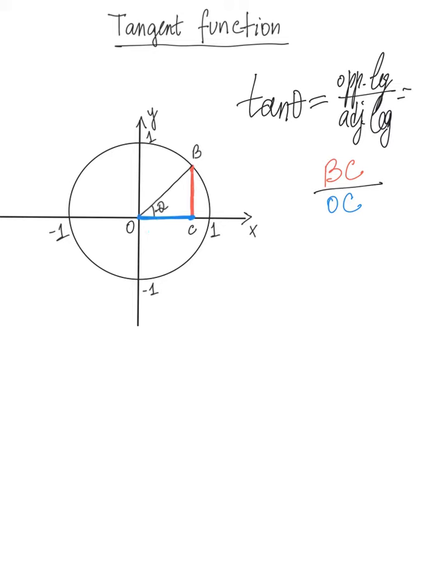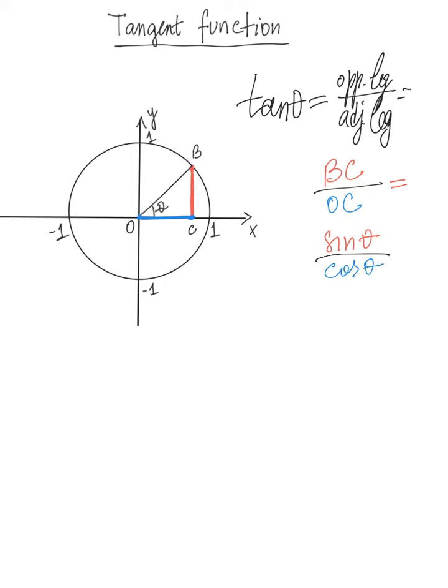But as we know, in a unit circle, BC also serves as the vertical coordinate of point B, which is equal to sine theta. OC is the horizontal coordinate of point B, which is cosine theta.